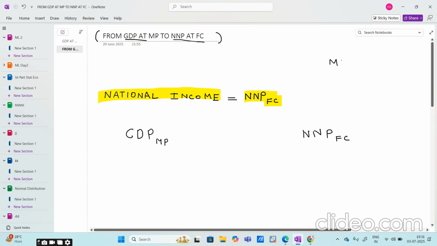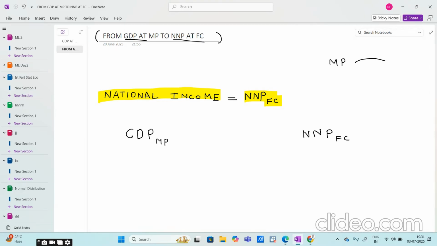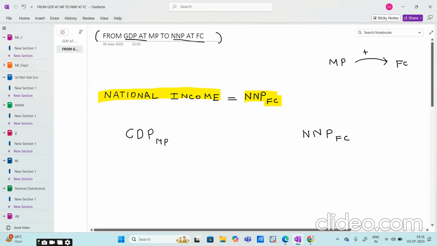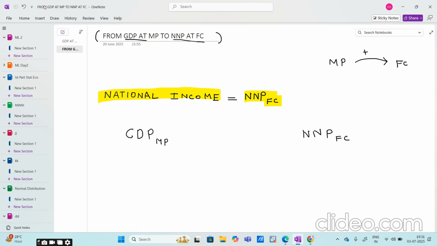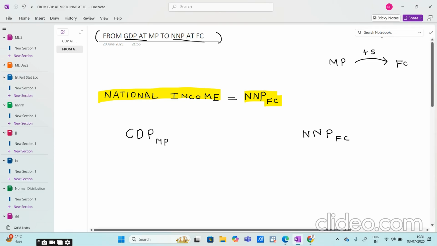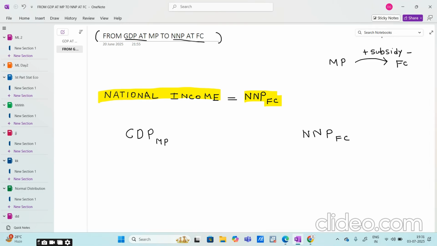If market price is given to you and you want to go to factor cost, you have to basically add subsidy and subtract taxes.